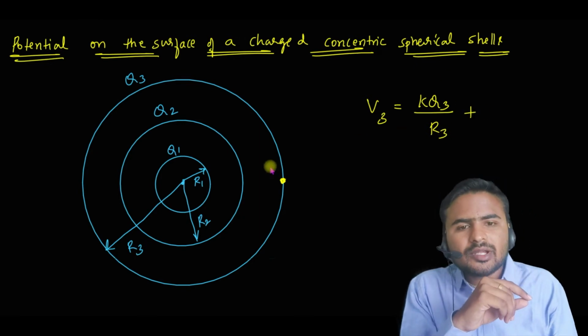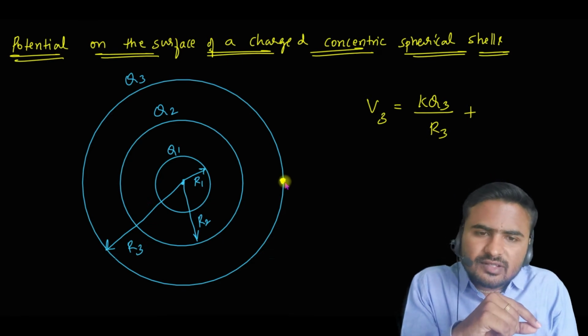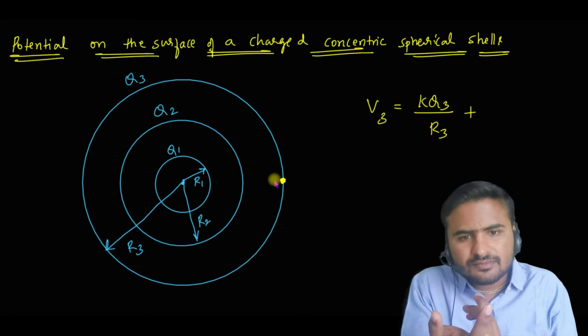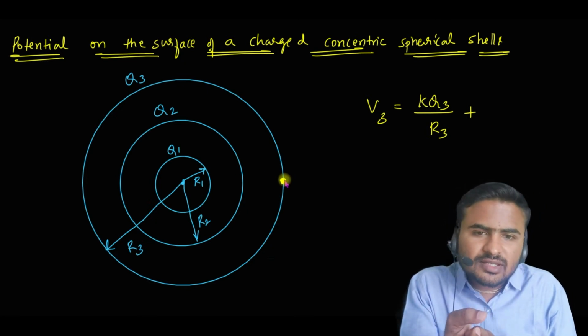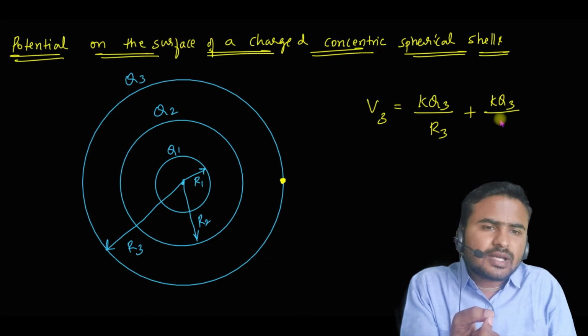Now at the same point, the potential due to the charge on the second sphere. If I'm on the surface of the third sphere, I'm at a distance r3 from the center of the second sphere. So the potential at this point due to the second sphere will be kq2 by r3.